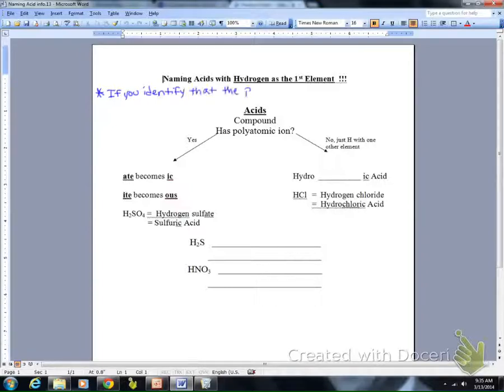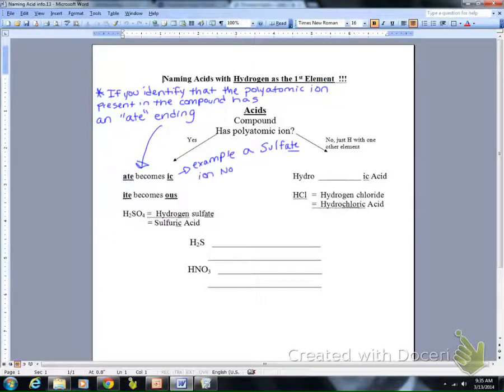If you identify that the polyatomic ion present in the compound has an ate ending, you're going to follow the ate becomes ic rule. So for example, if we have sulfate as our normal ending, we will now end the naming of the acid with an ic.